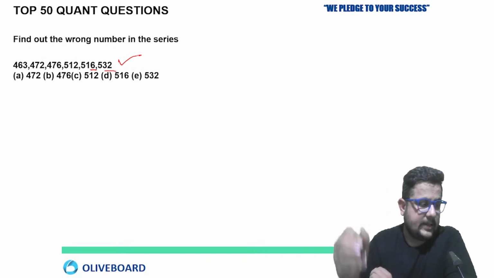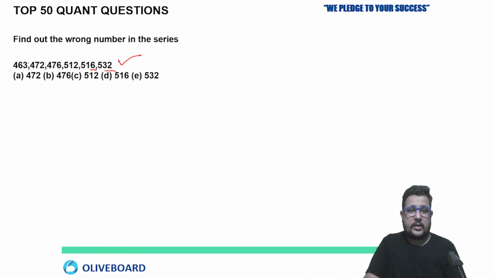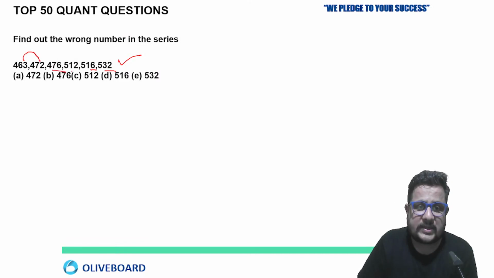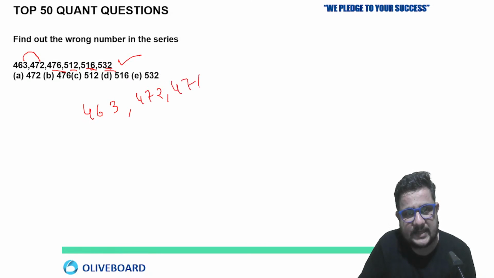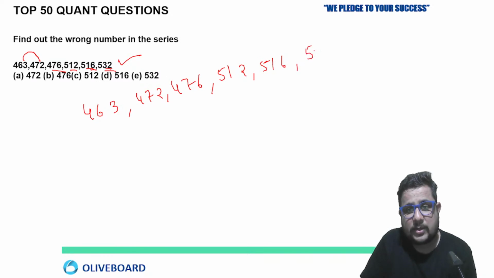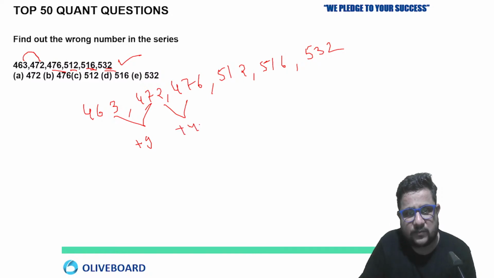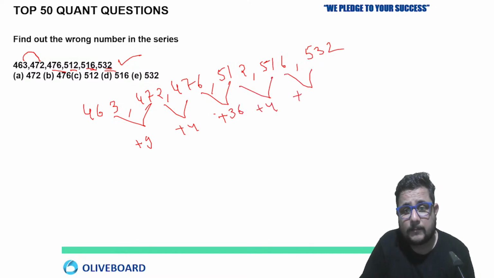So answer this one. Whether it is in increasing or decreasing order, 463 to 472 is completely in increasing order. 472, 476, 512, 516, 532. The differences are plus 9, then plus 4, then 476 to 512 plus 36, then plus 4, then plus 16.